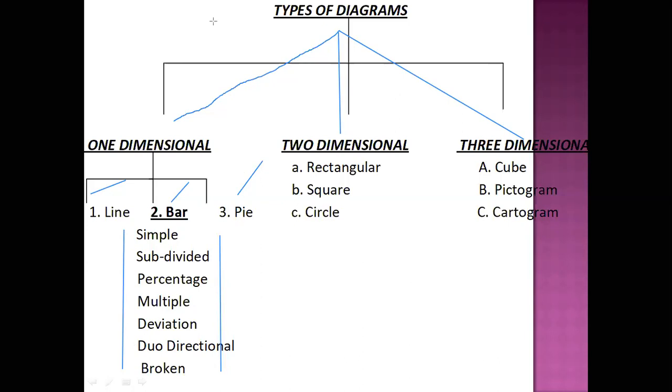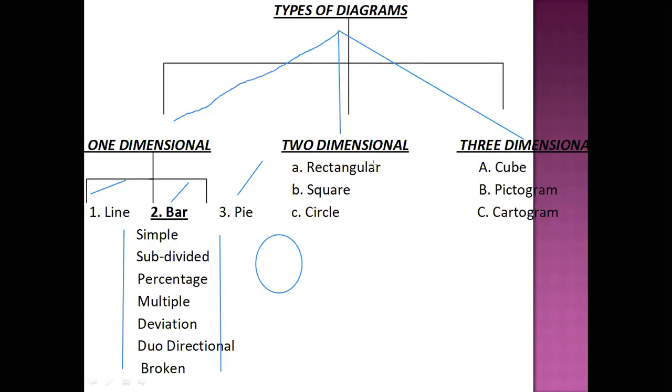And pie diagrams, as you already know, pie diagrams are nothing but divisions of the entire data into a circle that is 360 degrees. So the entire data will be divided into 360 degrees, and each portion is represented appropriately.